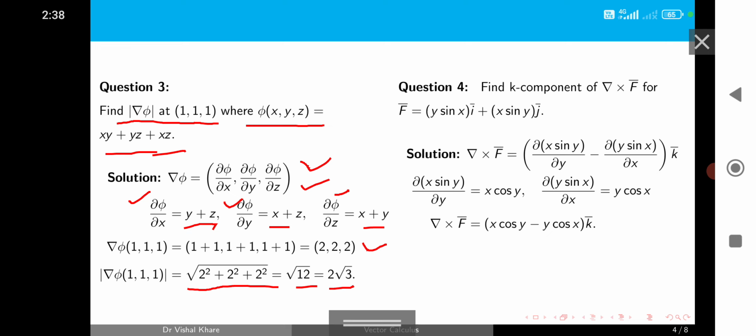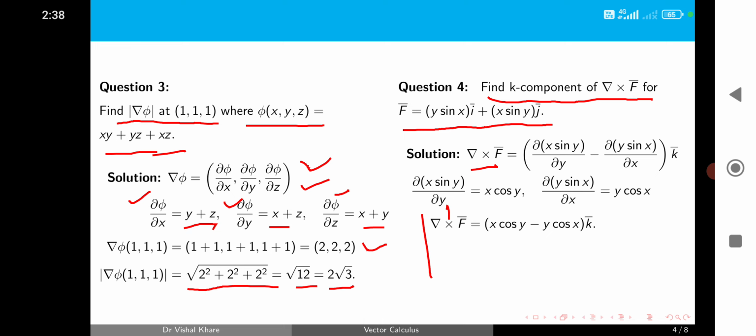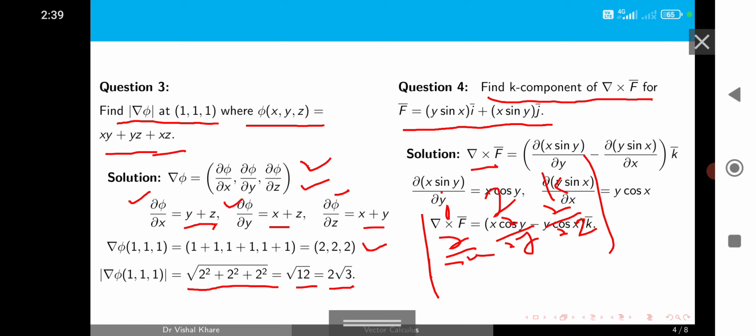The next question, we have to find the k component of del cross f bar, for f bar equal to y sin x i bar plus x sin y j bar. So del cross f, how to find? You have to write i, j and k in the first row, and then del by del x, del by del y, and del by del z. You can write here, and then you have to write the components here.